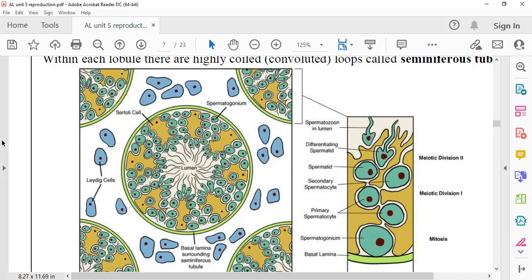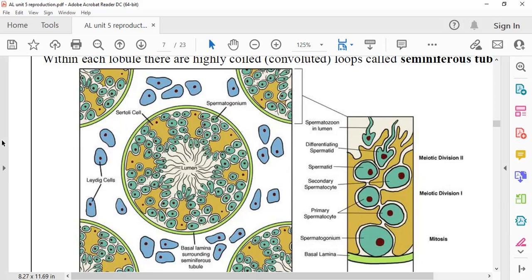So, in these two types of cells, who will contribute to develop sperms? Germinal epithelial cells. Right? From the germinal epithelial cells, the cells made are called spermatogonium. From the spermatogonium, the cells made are called primary spermatocytes.